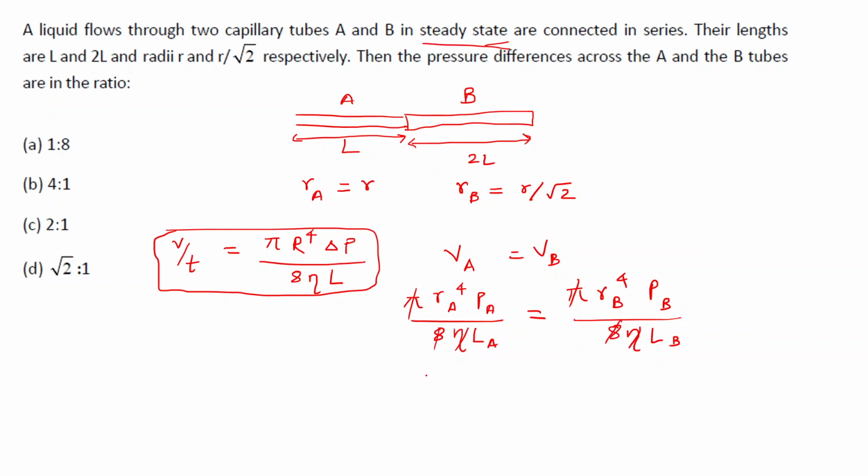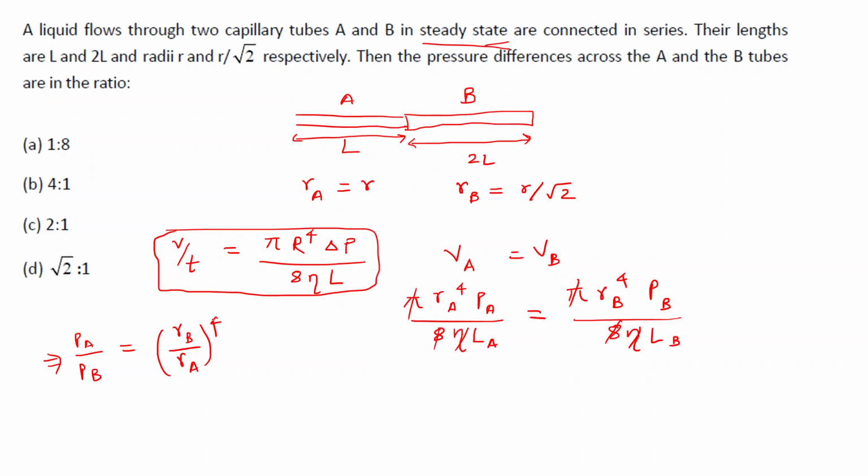So we are left with, and we need to find out the pressure difference across A and B. That means ultimately we want to find PA over PB. So rearranging this equation, I'll get RB upon RA to the power 4. This will go in the denominator here, and LA will come to the numerator.